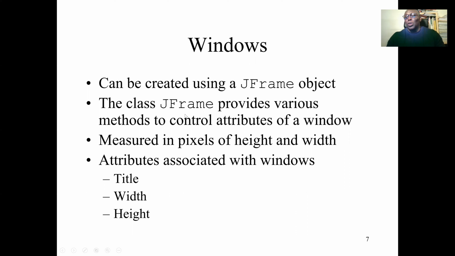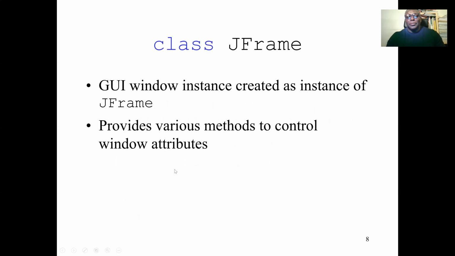The size can be the width and the height, measured in pixels. So when I say the size is 150 by 200, we mean 150 pixels by 200 pixels. And pixel again is the picture element, one unit of the picture.